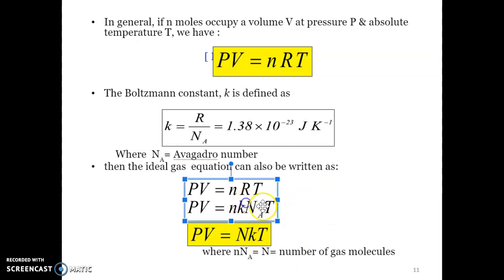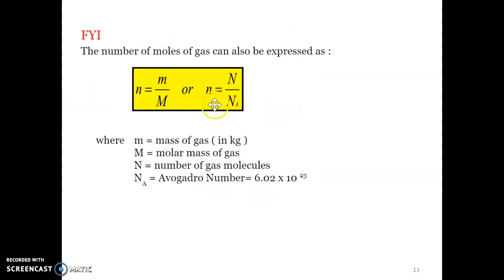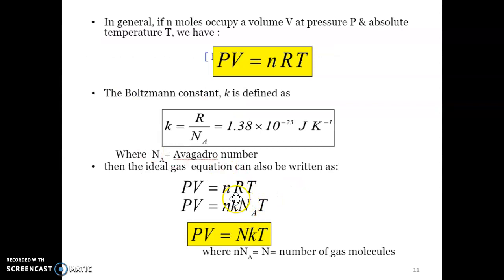It's coming from this equation: number of moles is equal to number of molecules divided by the Avogadro number. So number of molecules is equal to number of moles times the Avogadro number. So that's why you put it here like this.